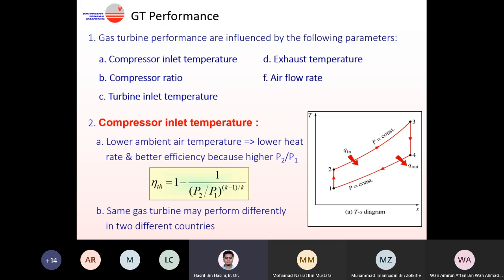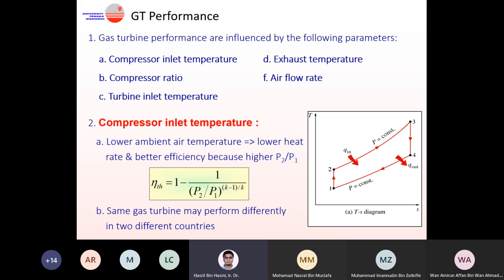So when you talk about density low and also density high, we are talking about the mass flow rate. Okay, at lower density, the mass flow rate that goes into our turbine is low. Okay, at higher density, the mass flow rate that goes into our gas turbine is high. So you are admitting more air into the compressor.